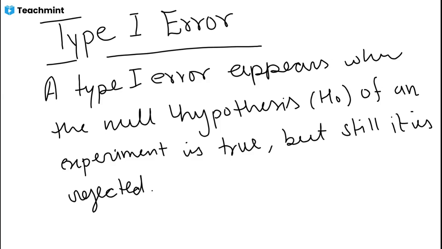It is also known as a false positive. I'm explaining on the next whiteboard because we have used all 12 pages. So a type 1 error appears when the null hypothesis is true, still it is rejected.